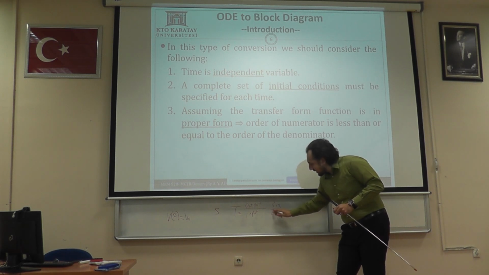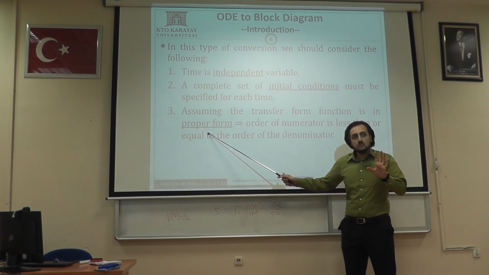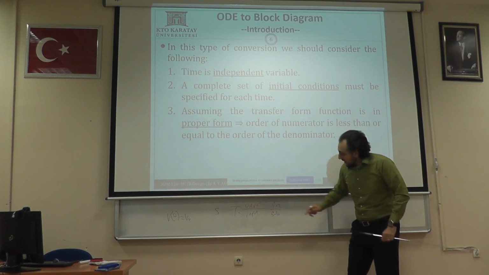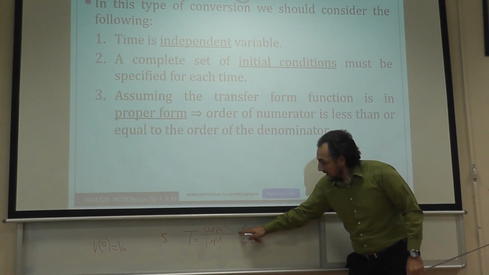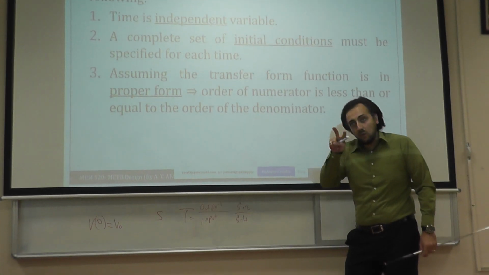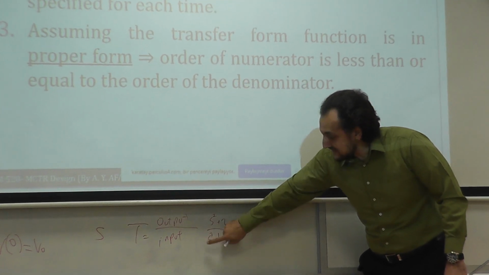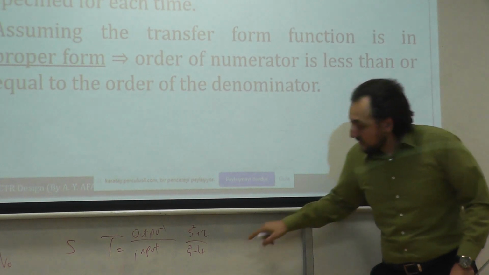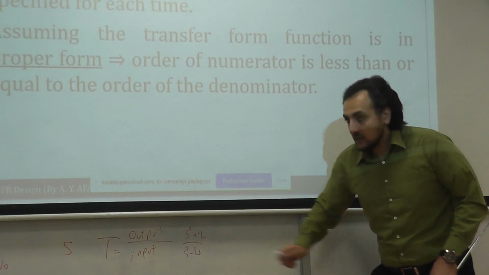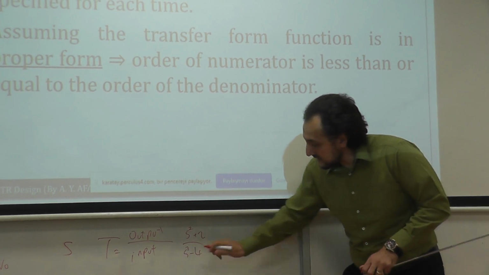Okay. Here I should consider only proper form. What do I mean by proper form? The order of the numerator and denominator are equal, or the numerator order is less than the denominator. For example, is this proper form or not? No. Why? Numerator order is 2 and here it is 3.